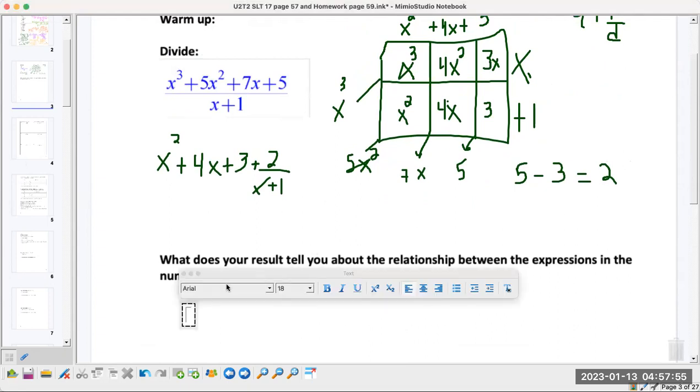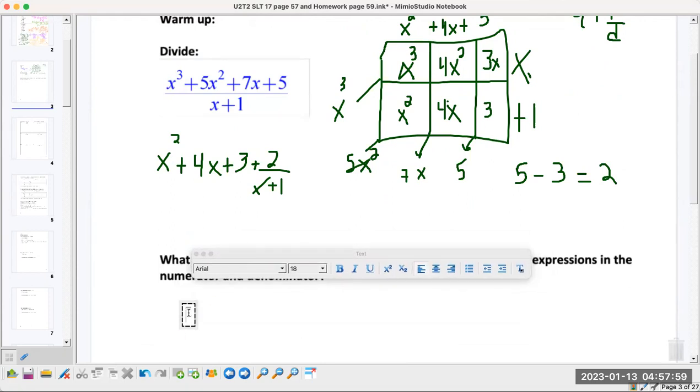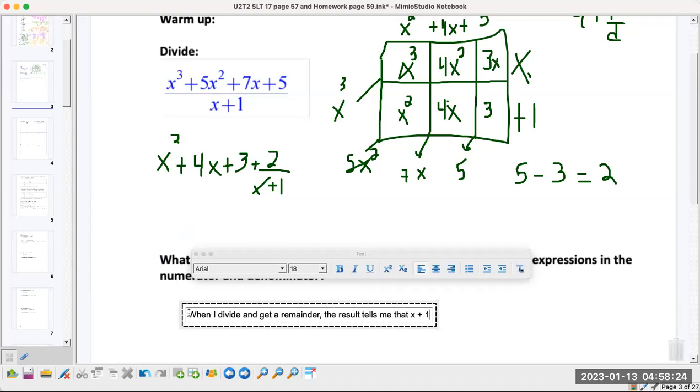So today you will learn, or you should have learned, that when I divide and get a remainder, the result tells me that x plus 1 is not a factor of x cubed plus 5x squared plus 7x plus 5.